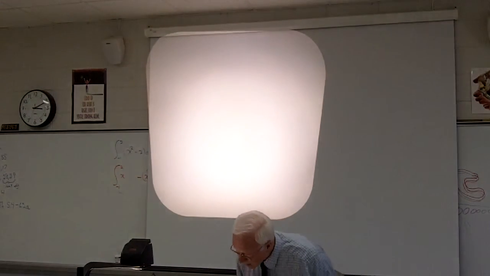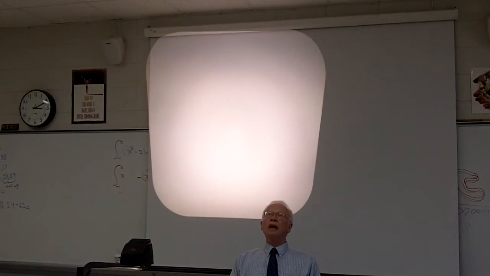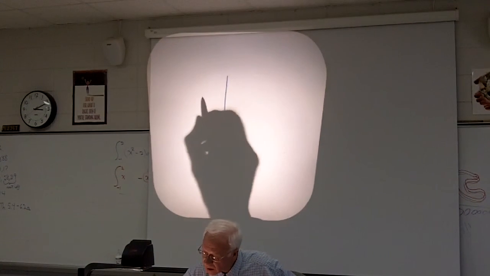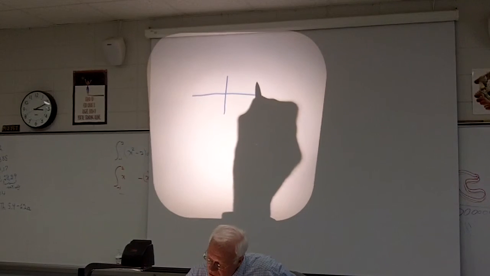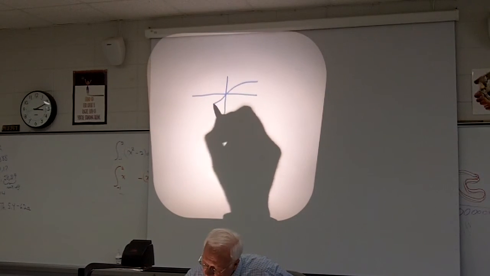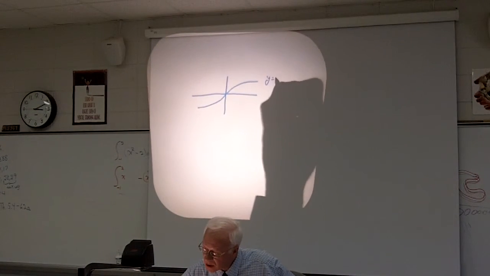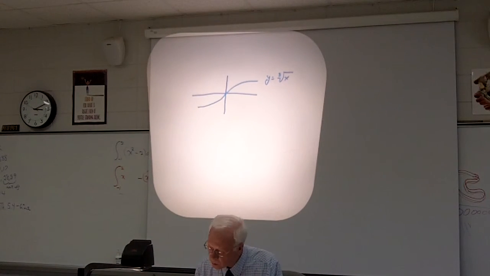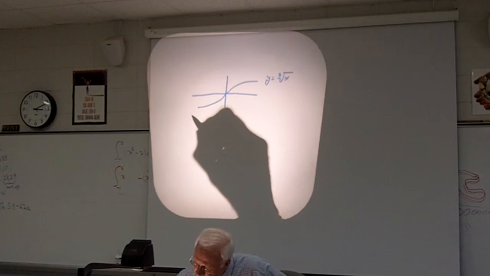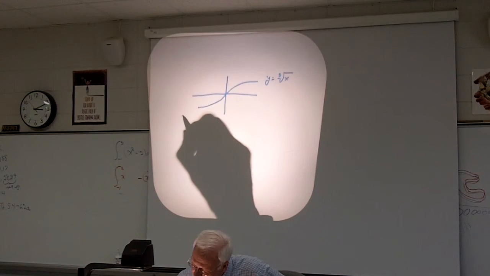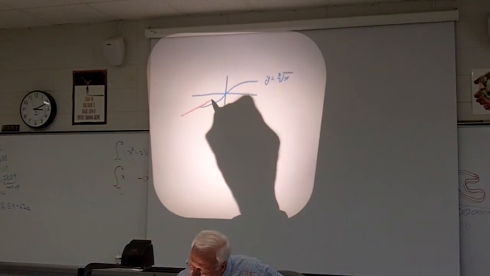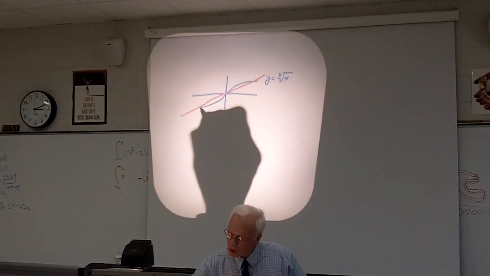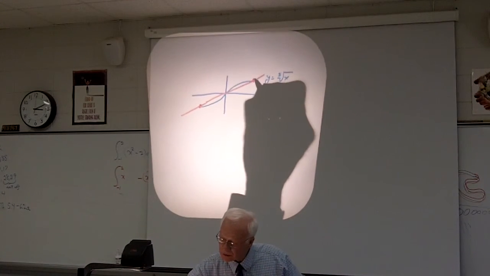If you wanted to see a problem like that, it would be something like this. This equation right here, and that's y equals the cube root of x, I think. And then I will do something that runs this way. We're going to go from this point to this point.